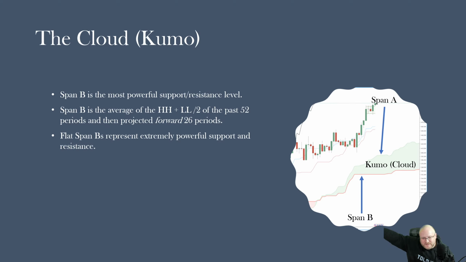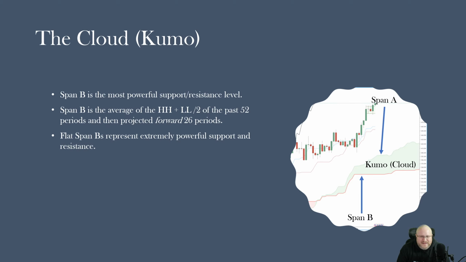Okay? So don't try and think about that in your head, because we're going to look at that after we're done here. But another thing with Senkou Span B is when it's flat for a long time. Somebody's going to ask, how long is too long? I don't know.